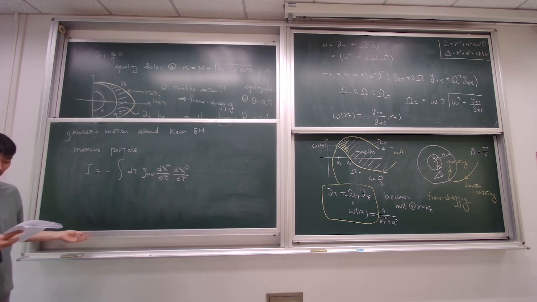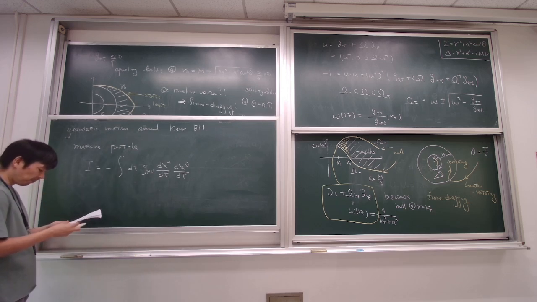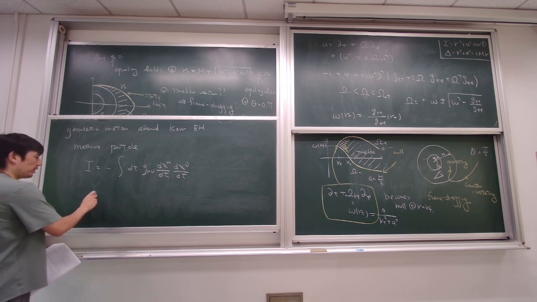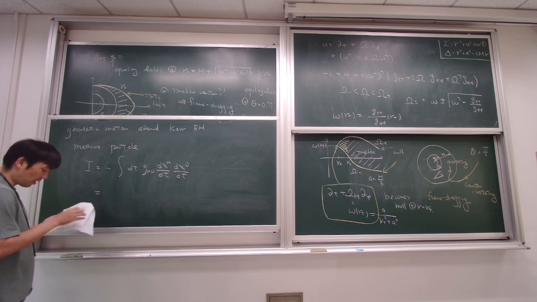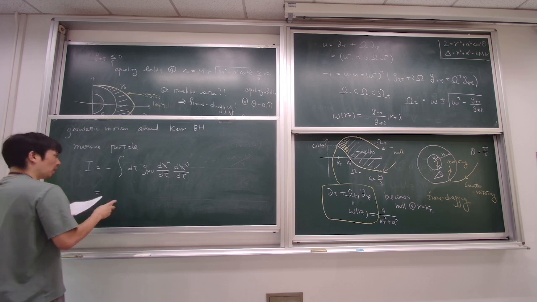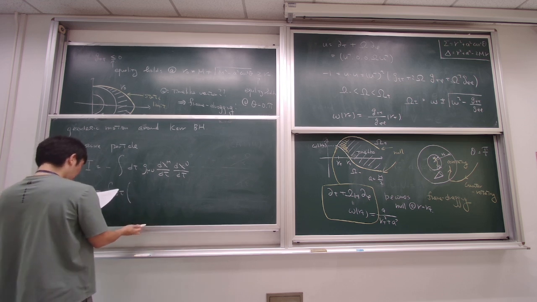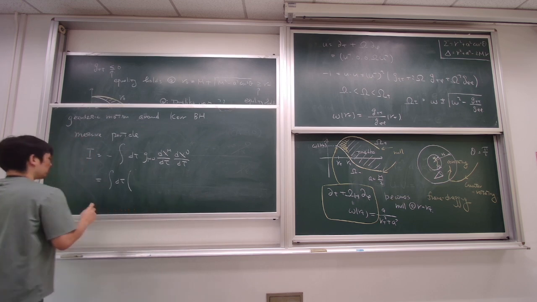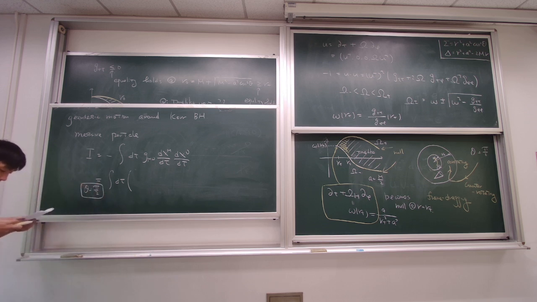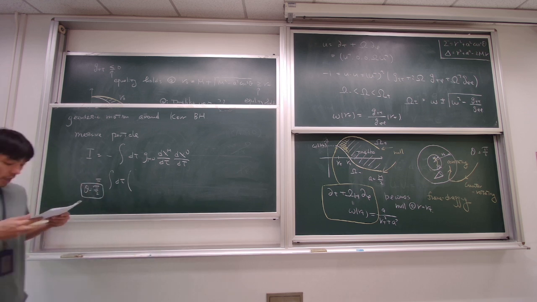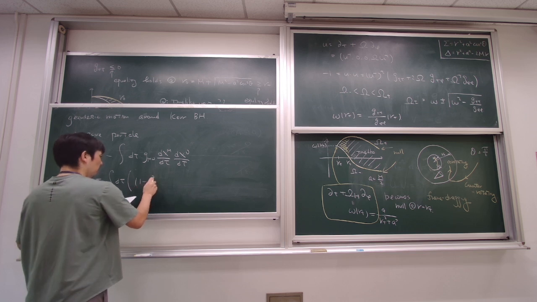And then solve the geodesic equation. In the lecture note I have written down the expression. Anyway, at theta equal to pi over 2, the equatorial plane, it becomes a bit simpler.